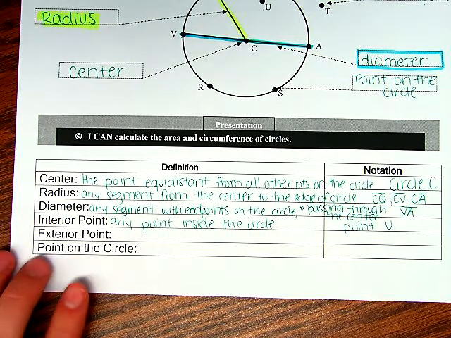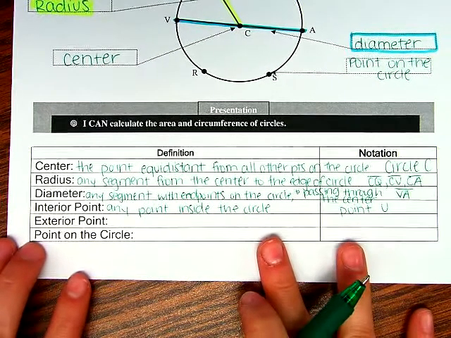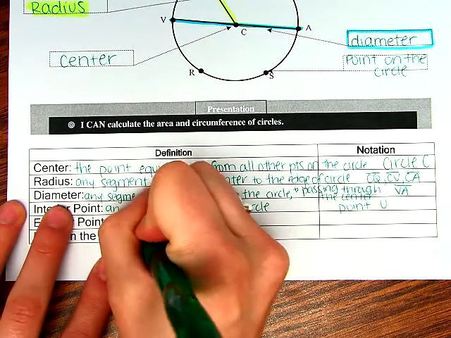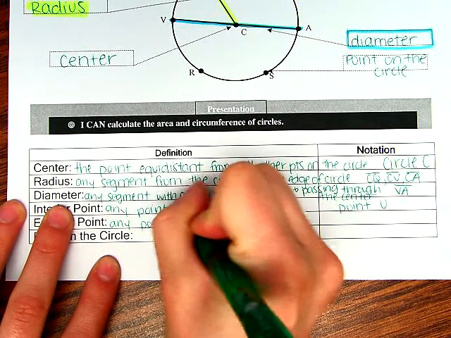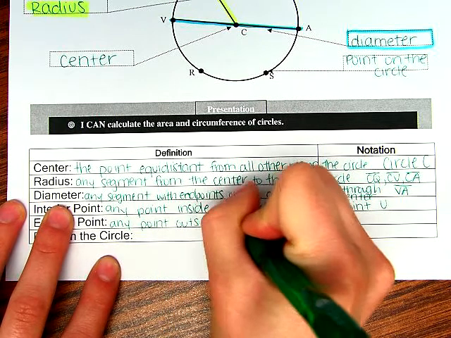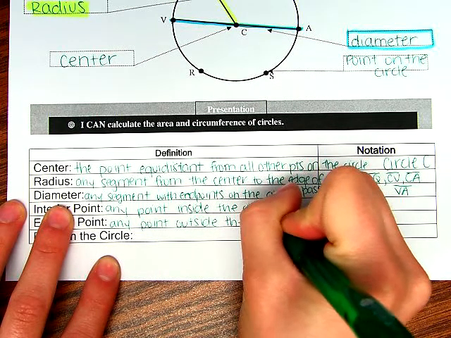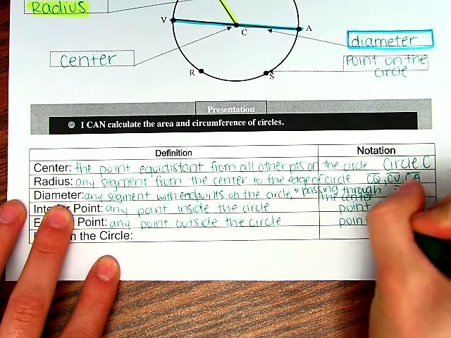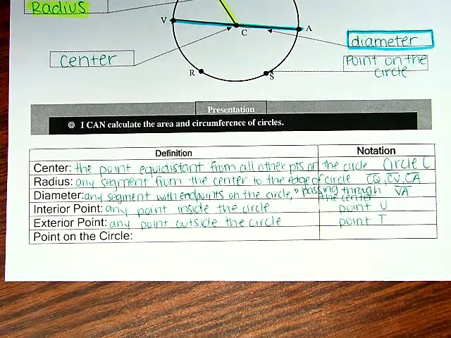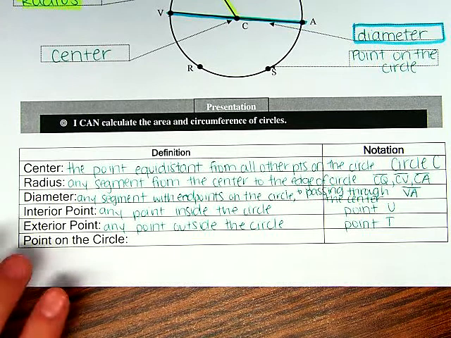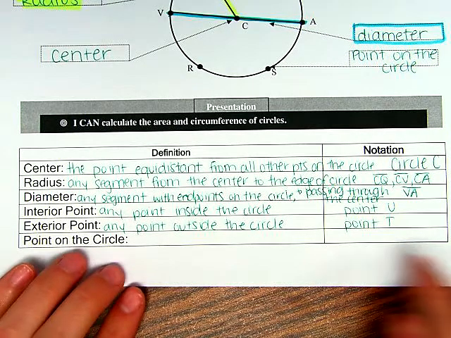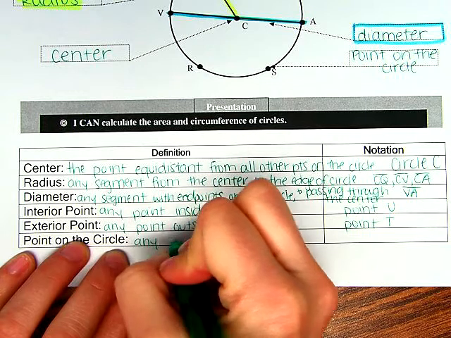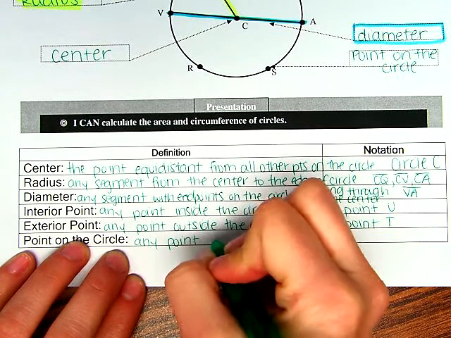So point U. Exterior point is any point outside the circle. And this is point T. And last but not least is point on the circle. And we said that is point S. So this is any point on the circle.